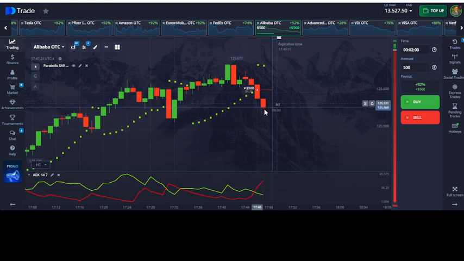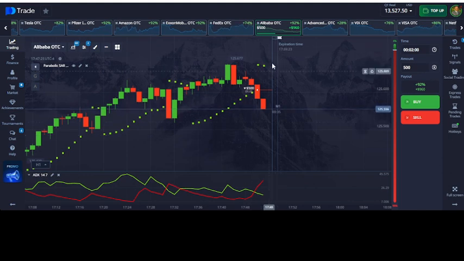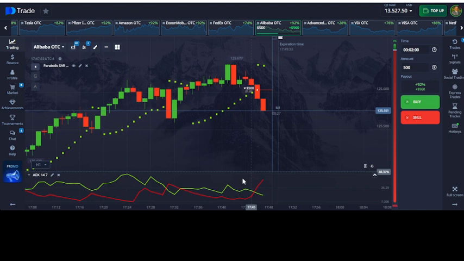And this is exactly what's occurring here. We have another dot that just formed, so this is the beginning of a reversal here. And the ADX tells us the momentum of the trend. So let's monitor this trade and wait for the expiration.